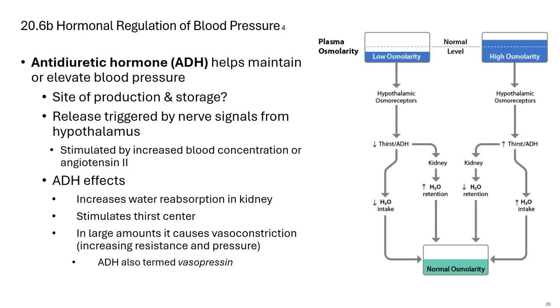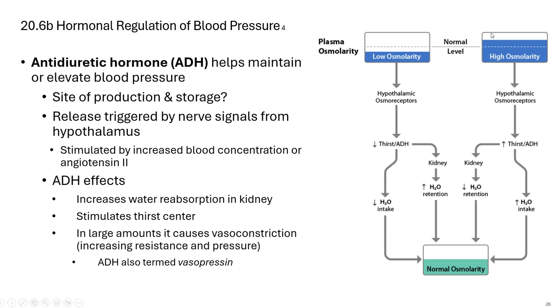You have something similar with ADH, but ADH, instead of acting through sodium reabsorption and then water following it, is acting just on water reabsorption, right? And so remember, this is made in our hypothalamus. It's stored in the posterior pituitary, right? The stimulus for ADH release is a high plasma osmolarity, right?